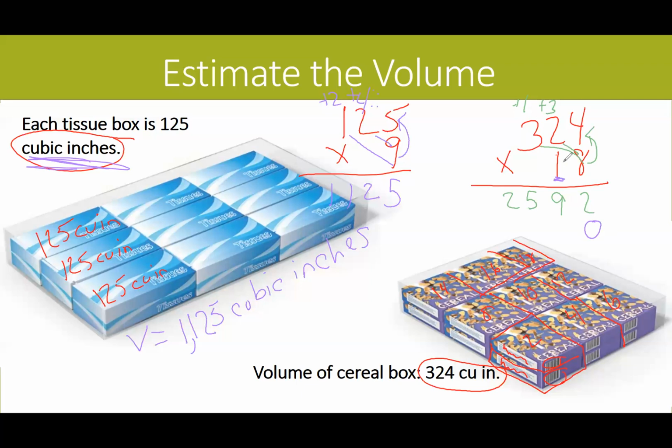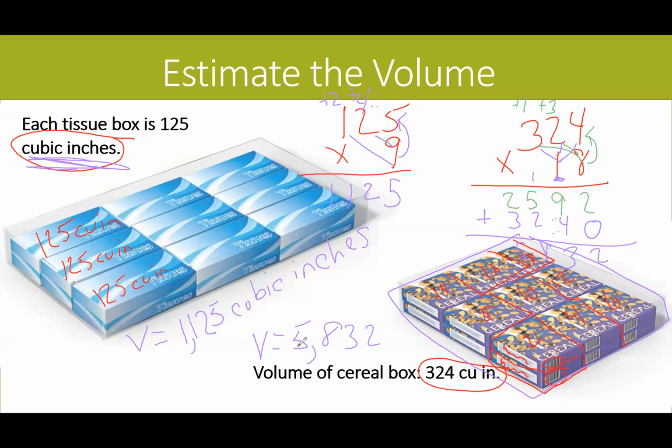Now I'm just going to simply multiply 4 times 1, 4. 2 times 1, 2. 3 times 1, 3. And when I add them up, I have a 2, 9, 10, 11, 12, 13. Regroup. 5, 6, 7, 8. And 5. So the volume of this shipping box, this whole big box, is about 5,832.